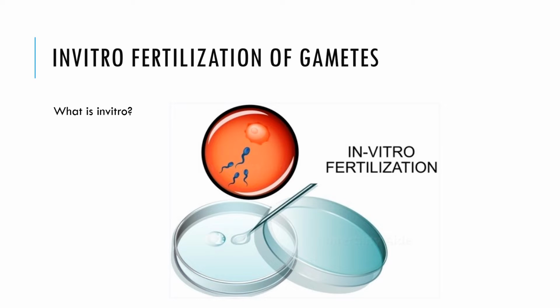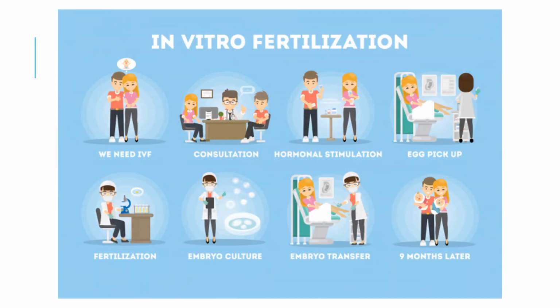So this IVF is very famous now. It is being used for solving the problem of infertility, and this is the normal procedure. What happens to couples when they realize that they cannot conceive naturally, they go to a doctor for consultation. The treatment of the female is started.